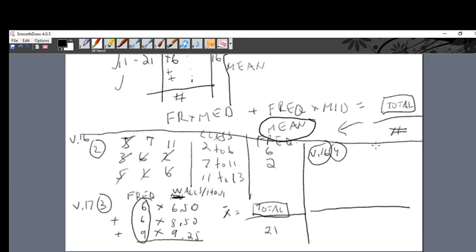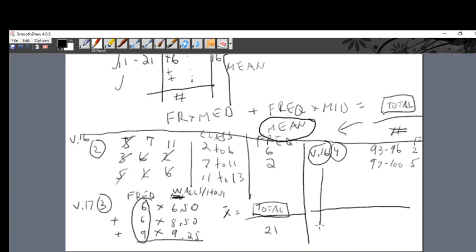So if you're given, for example, just a little bit of data here, I don't want to go through the whole thing, 93 to 96, and 97 to 100, and let's say the frequency is 2 for this and 5 for this.